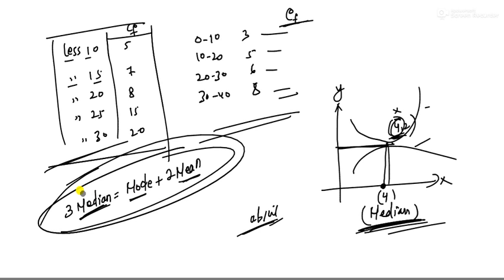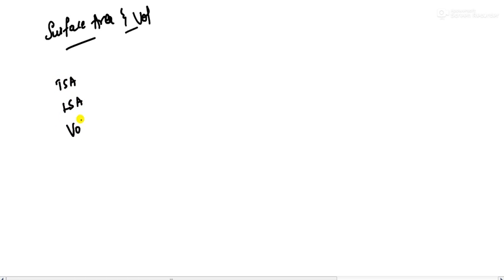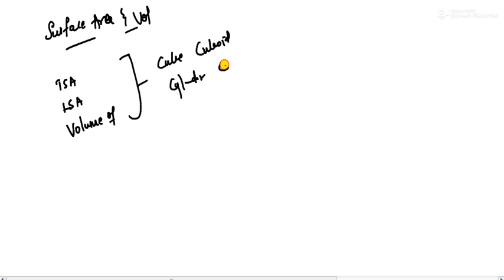Now moving to the last chapter, that is surface areas and volume. So in surface areas and volume, what you have to remember, you should remember the TSA, LSA and volume of these figures: cube, cuboid, cylinder, cone, sphere, hemisphere, and one more is frustum.